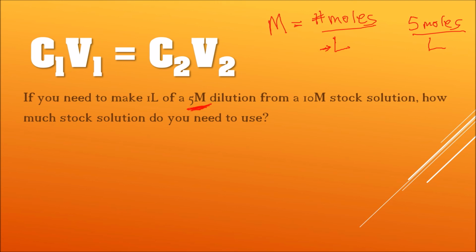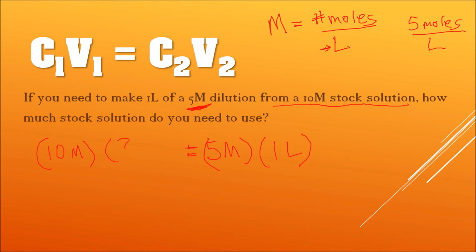So if you need to make 1 liter of a 5 molar dilution, that's the C2 and V2, so we're going to put it on the right side of this equal sign. So we have 5 molarity and 1 liter. From a 10 molarity stock solution, that's going to be over here, that's your C1, 10 molarity.